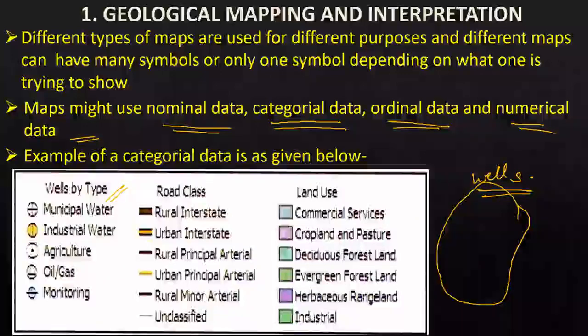You may have different types of wells, so you give different symbols for different types of wells. One symbol is used for municipal water, another symbol for industrial water, another symbol for agricultural purpose. Okay. Then same way you can classify the road classes and lands. So if you are classifying a particular theme into different categories, that is called categorical data.